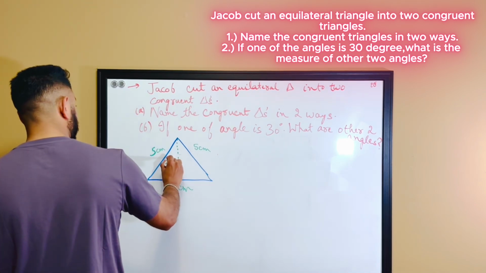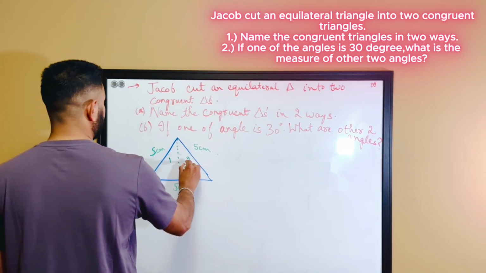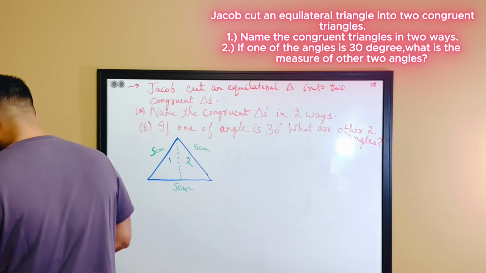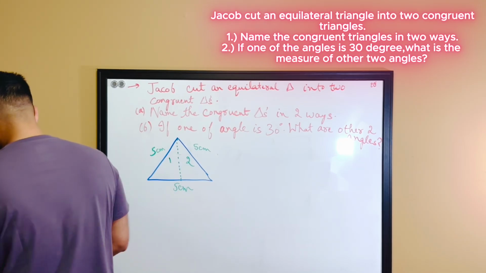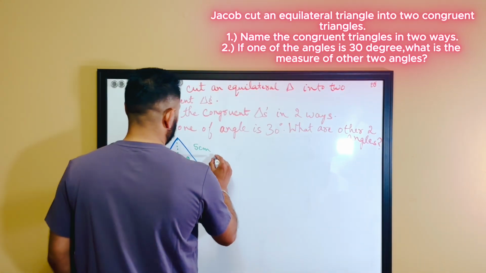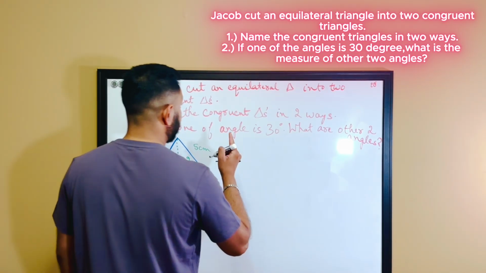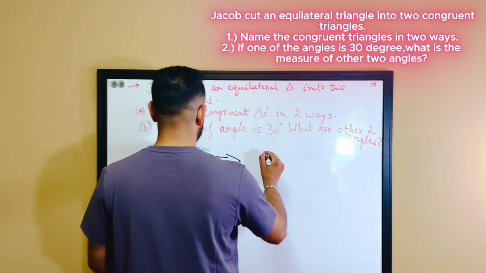So this is congruent triangle 1 and this is 2. It is cut into two congruent triangles.